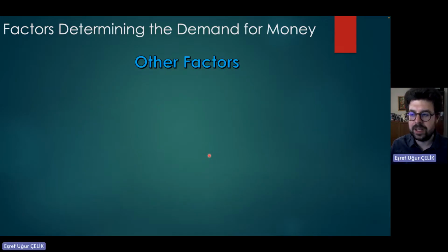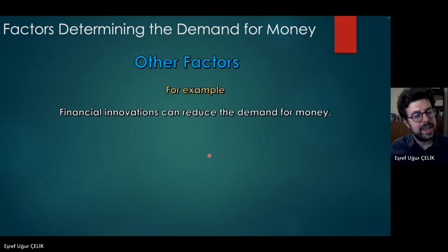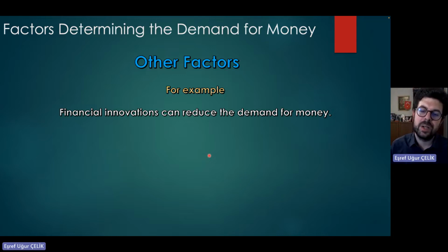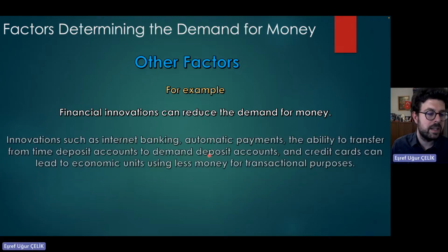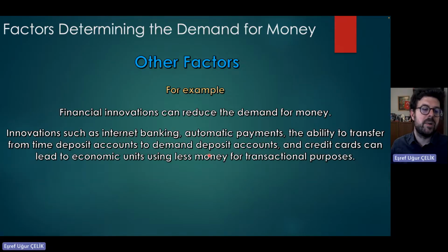Let's look at the other factors. For example, I said technology, uncertainties, and other things. Technology is mostly financial innovation. In Turkey, we see many financial innovations that can reduce our demand for money, like internet banking, automatic payment, the ability to transfer from time deposits, and other things.